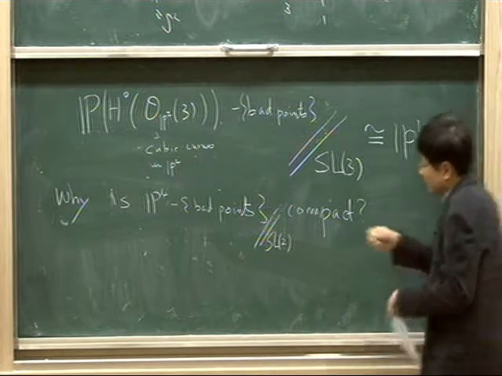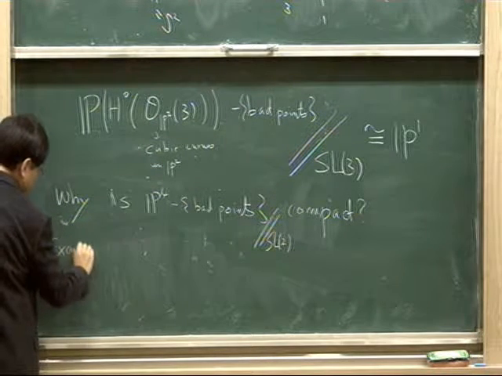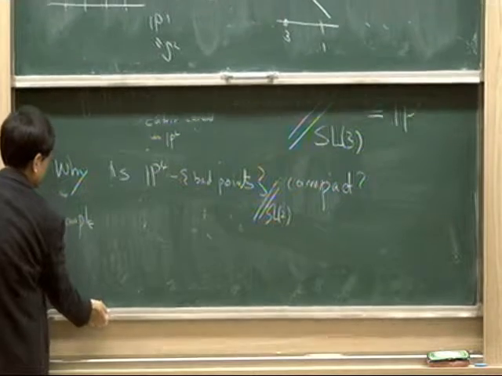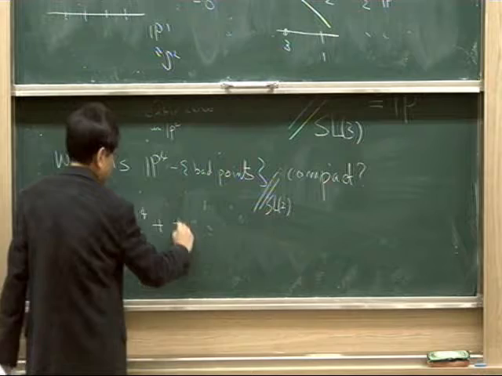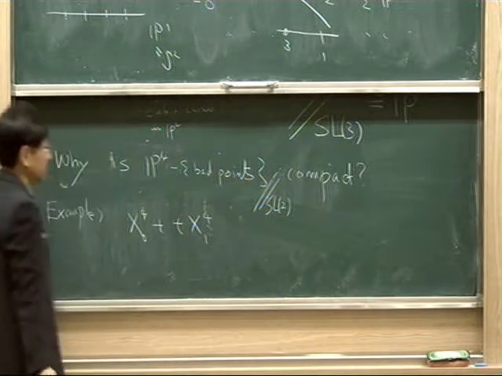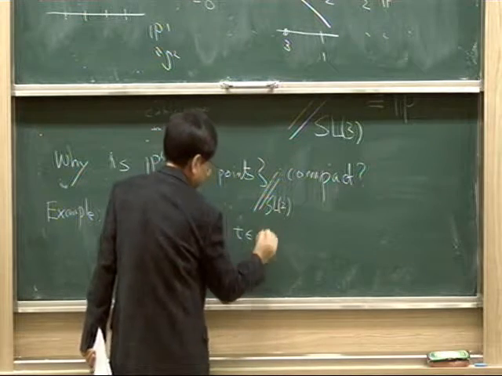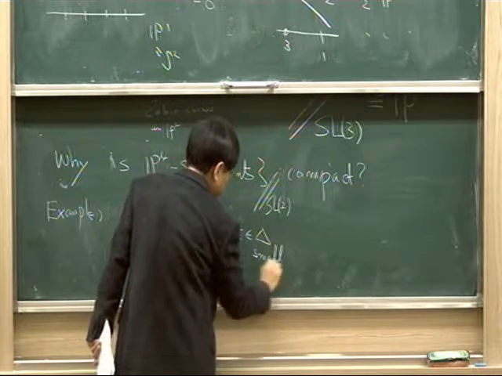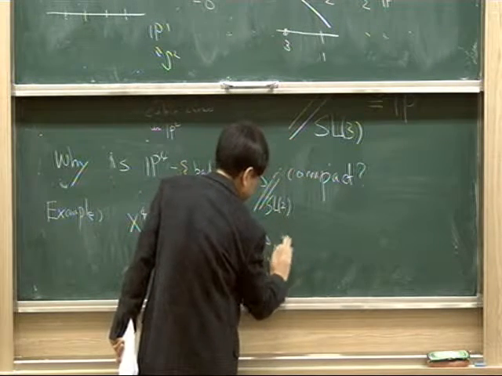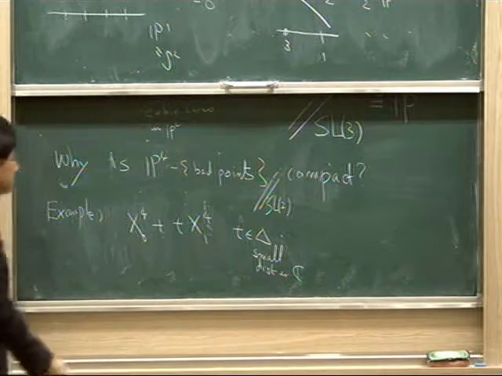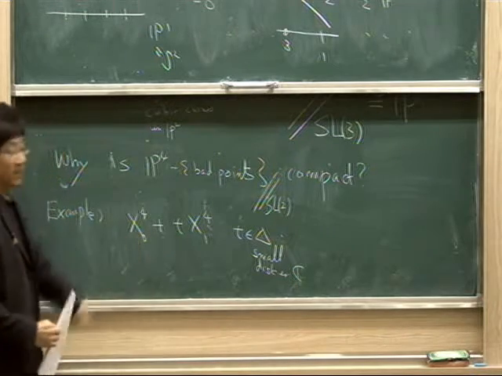So for example, consider x0^4 plus t x1^4, considering this family, where t is in a small disk, so this small disk in C. So parameterizing by this t. Then if t equals 0, we get the bad point, right?